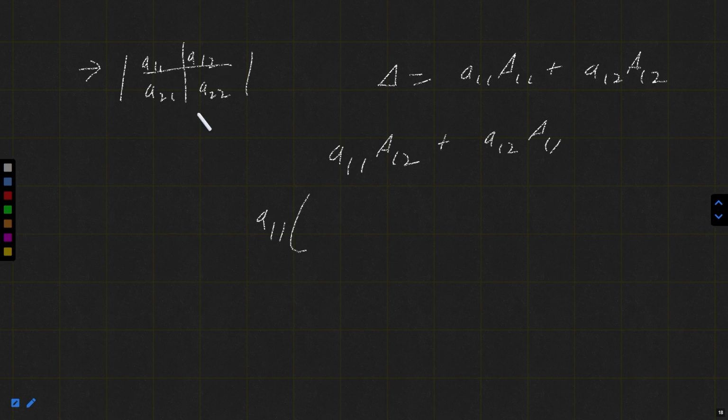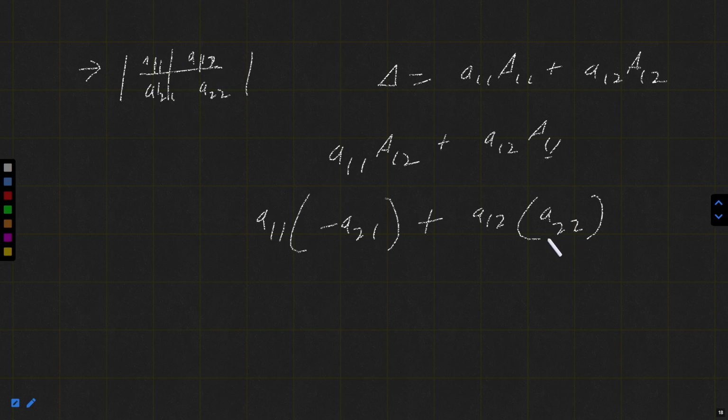This will be minus a21 a12, and this a11 will be a22. Clear? So can you observe something?